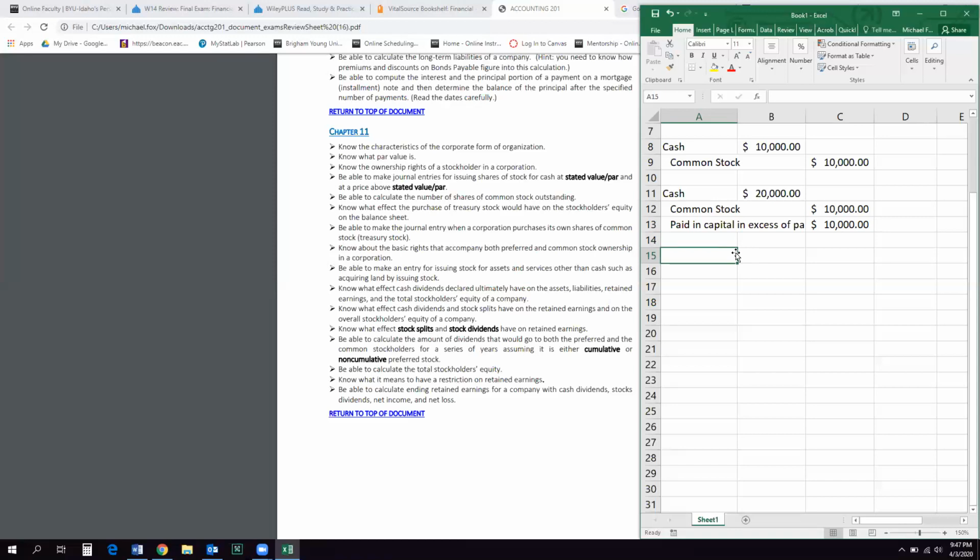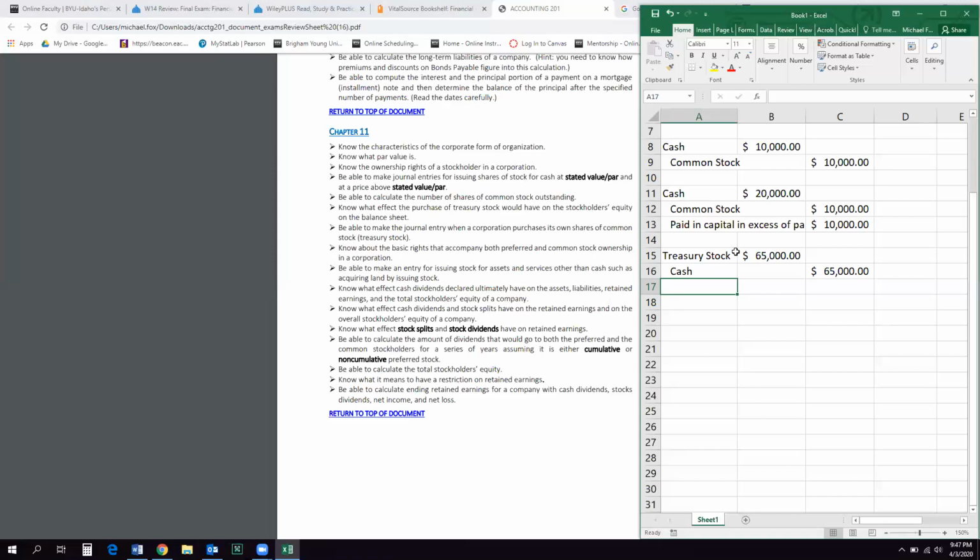So if I purchase 1,000 shares of my company for $65 per share back into treasury stock, I'm just going to put treasury stock, 1,000 shares times $65 a piece is $65,000, and the cash goes down. That's the journal entry. That's pretty easy. And again, that will show up as treasury stock on the balance sheet at the cost of $65,000, regardless of what the par value of the stock is.